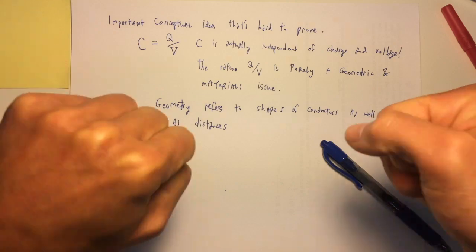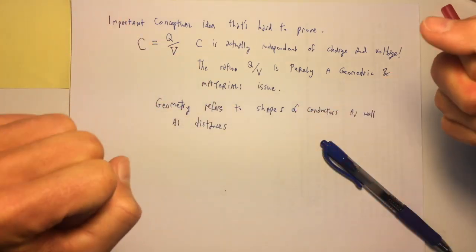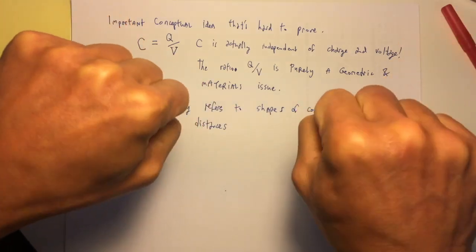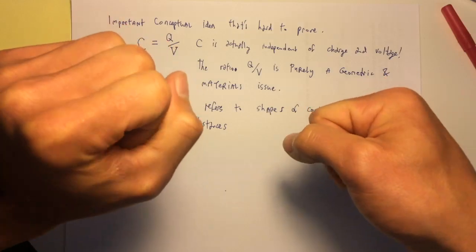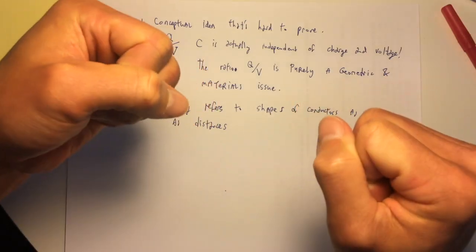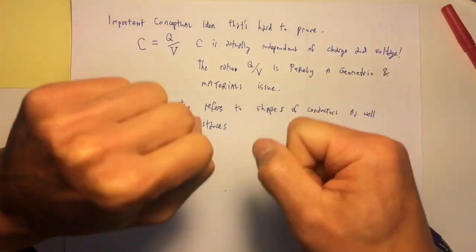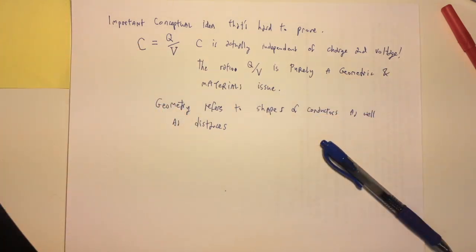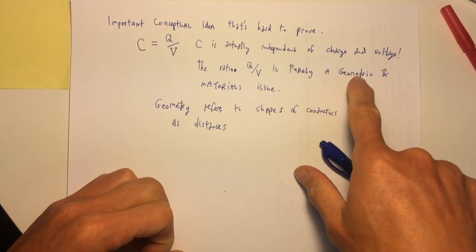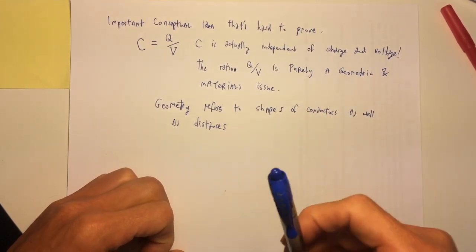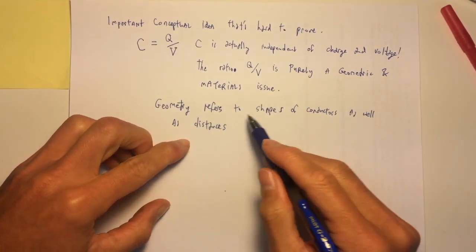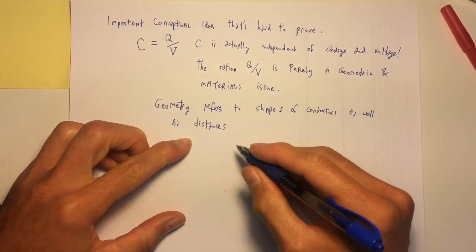You can have the same two lumps, but if you change their position or orientation relative to each other, you may also be changing the capacitance. So capacitance is an issue about anything geometric, shape or separation distances. Geometry refers to shapes of conductors as well as distances.